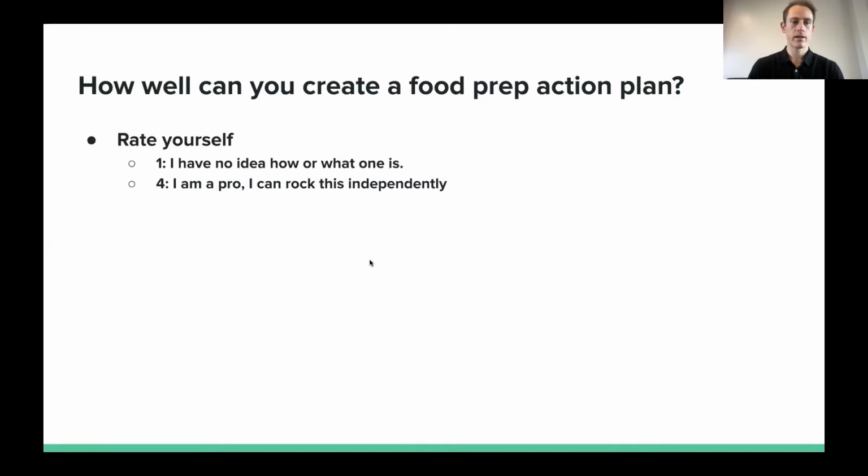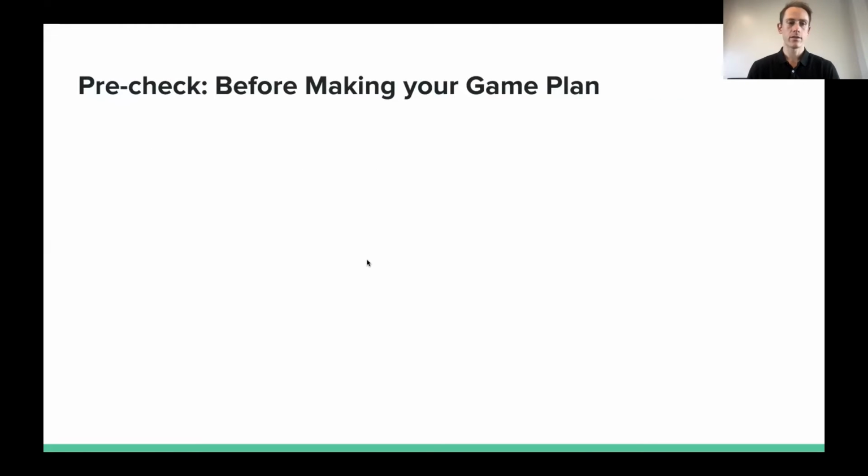Let's move on. All right, so before we really even get into making our action plan or our game plan, we need to check on a few things. These are some problem areas that I often see in the residences where I work, and they can be pretty problematic when you have this great plan made and you're ready to cook, but some of these things can really just nail you and make things not go as smoothly as you'd like.